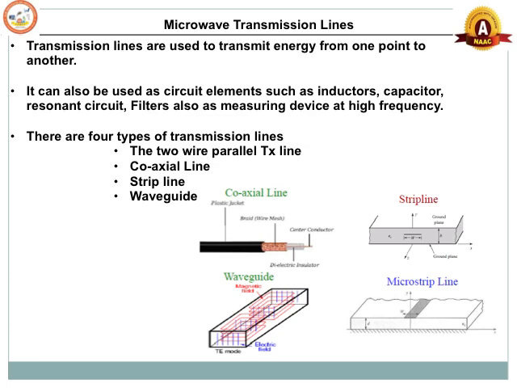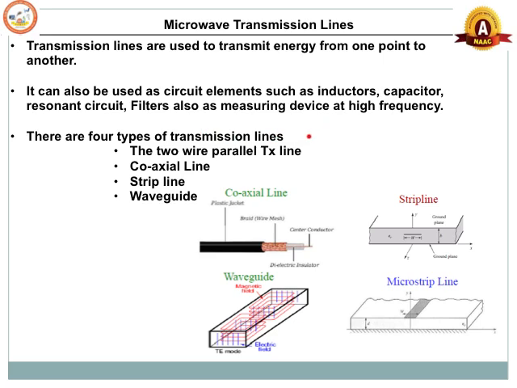Since we are discussing microwave signals, we need to understand the transmission lines corresponding to microwave signals. Transmission lines are used to transmit the energy from one point to another, and they can also be used as circuit elements like inductors, capacitors, resonant circuits, filters, and also as measuring devices at high frequency.